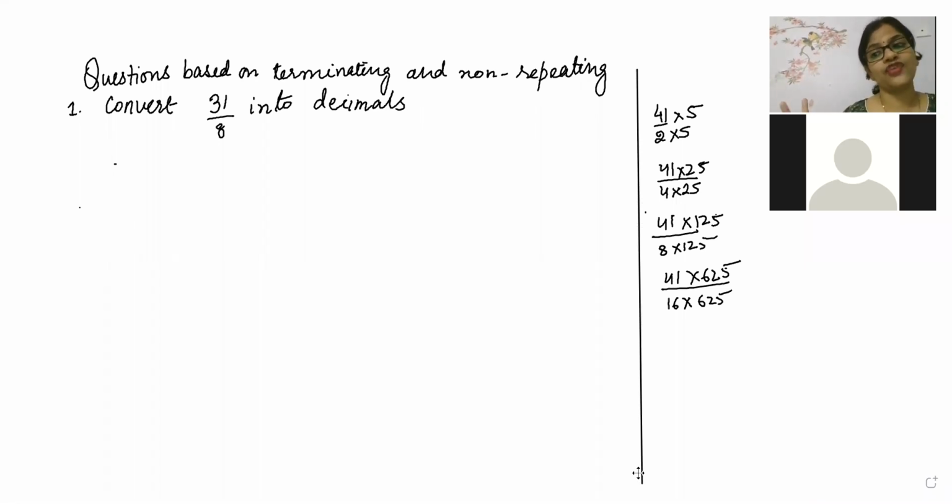So I got two different answers. Meronisha 3.875. Shiva Naresh is again typing 3.875, I think it was a typing mistake. Jiva 3.875.